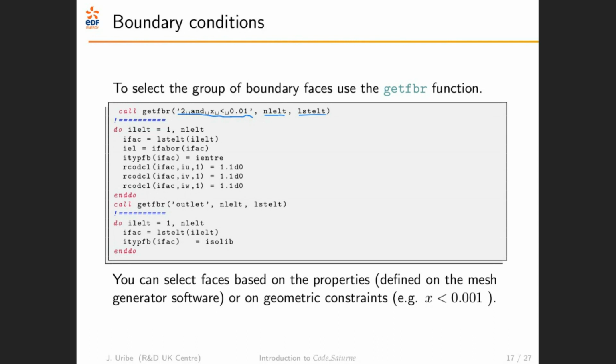Now, the loop index will go 1, 2, 3, 4, 5 until whatever number of faces you found, but that's not the number of the face. The face has its own number, and the way to find that number is to use that list that is returned from this function. Okay, so that list has the real face number.